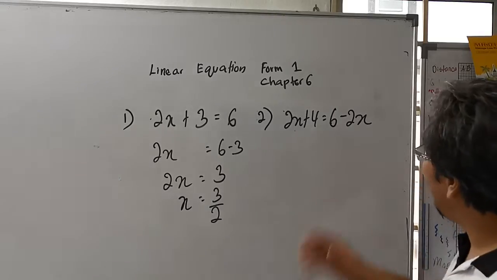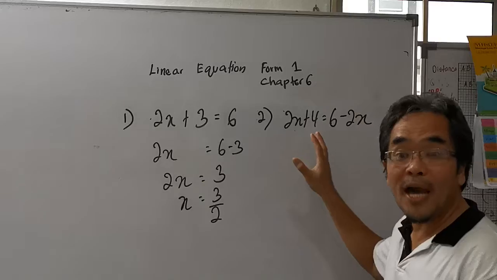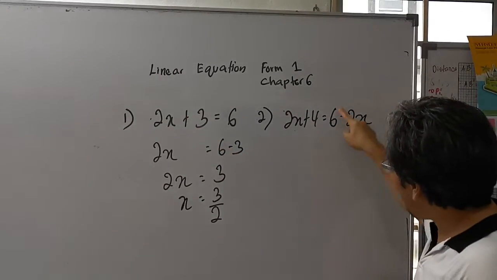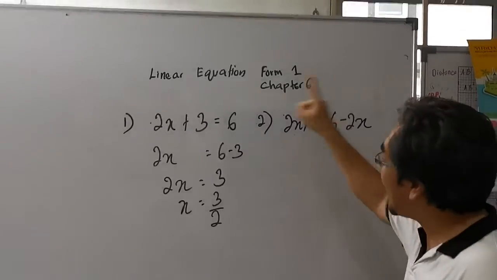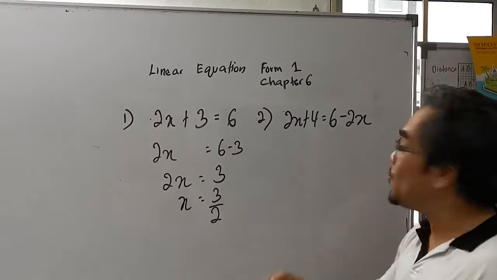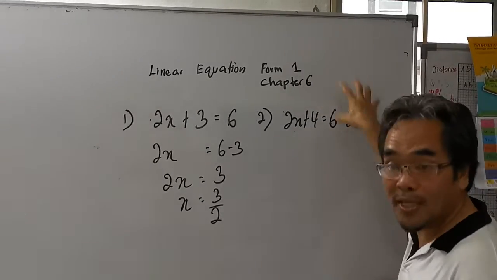Okay, so let's say like this. What you have to do is bring all the algebra to one side. If I were to bring negative 2x to the other side, it becomes positive 2x. We are not separating between 2 and x. We bring the whole thing here.